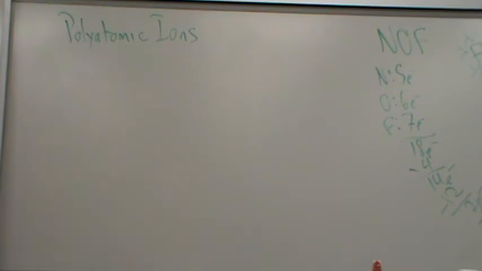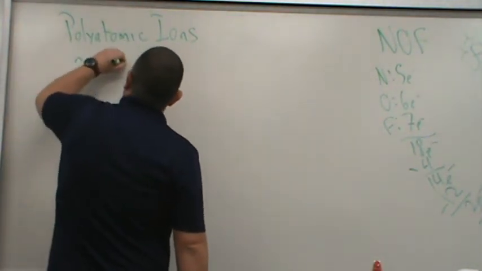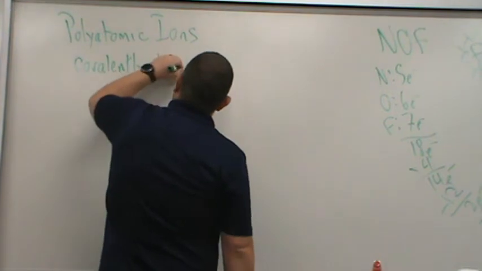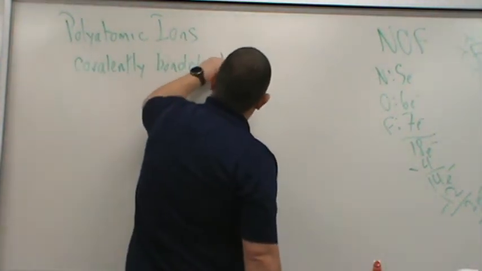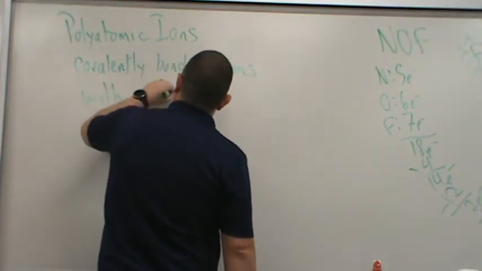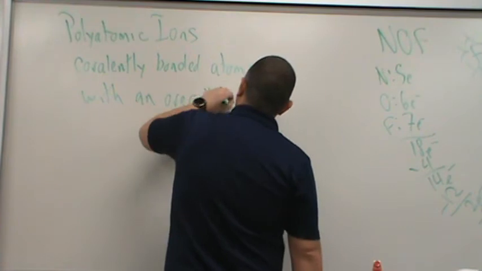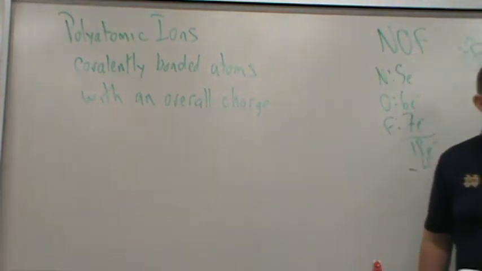Atoms. Okay, ions. What do ions have? Positive or negative charge. They have a charge. Okay, so with polyatomic ions, we have covalently bonded atoms with an overall charge.